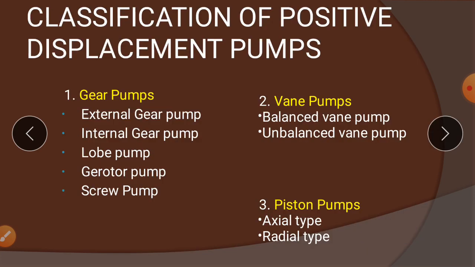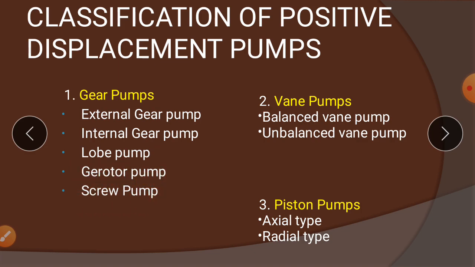So let's see some classifications under the positive displacement pumps. Okay, we have briefly discussed the classifications in the pump section, but in the positive displacement pump section, we have further classification. So we have gear pumps, vane pumps, and piston pumps. In every pump system, we have some more types of pumps. In the gear pumps, we have external gear pump, internal gear pump, lobe pump, gear rotor pump, and screw pump.